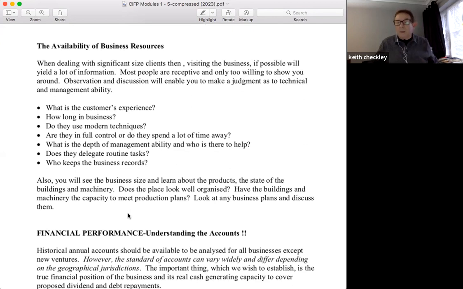And what he did was he went underneath the table in the kitchen area that we were sitting in, and he brought out this box, and he just put the box on the table, lifted the lid, and he said, there's my records in there. And all that was inside was lots and lots of pieces of paper, invoices and stuff like that. So the level of recording can vary.